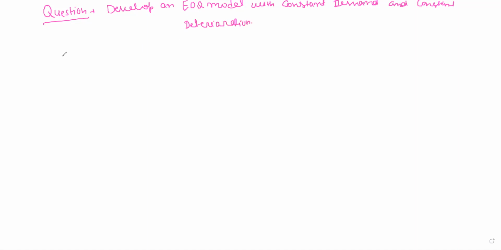Okay, so as we did in the first model, there are some assumptions and some notations. So first we write some assumptions. From this we have two assumptions. First one is demand is constant and second one is deterioration is constant. So first we can write the demand rate is constant.